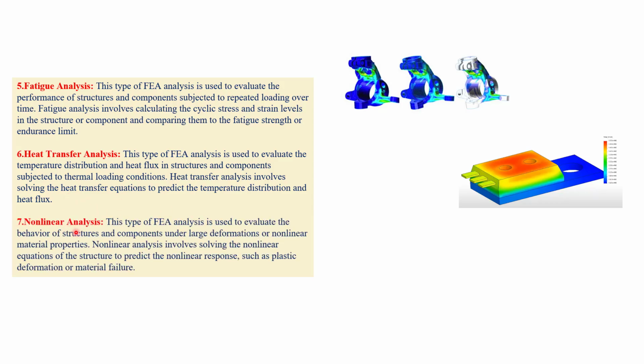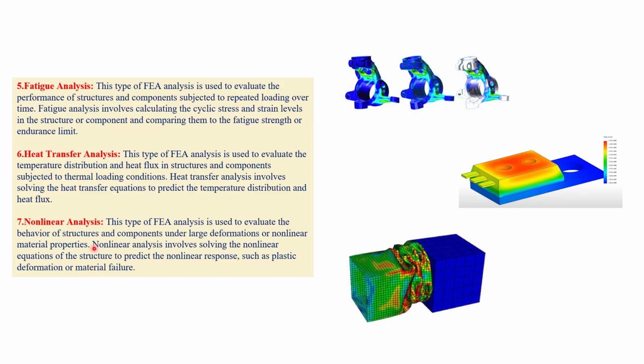The final one is the non-linear analysis, where we evaluate the structures with respect to large deformation, and even the non-linear material properties we consider for this non-linear analysis. Yeah, so here we predict the plastic deformation and the material failure. The crash test we can consider, right?